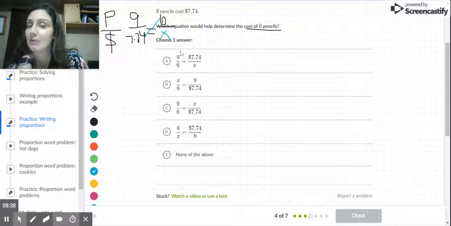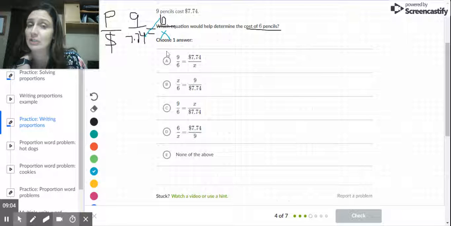Okay, so whichever one I choose has to make it where I'm multiplying those 2 numbers first. Well, here, if I have 6 times 774, here I have 6 times 9, so we know that can't work. Here I have 6 times x, we know that can't work. Here I have 6 times 9, I know that can't work, okay?